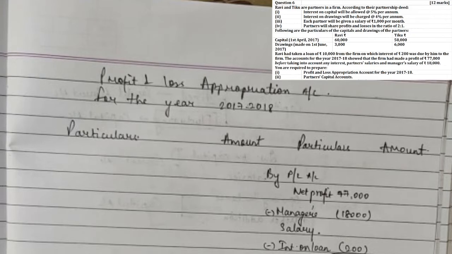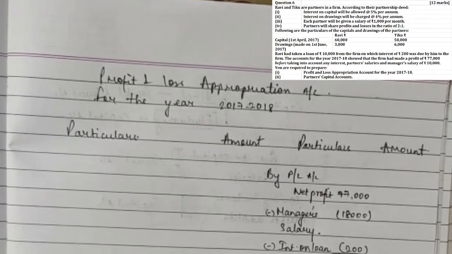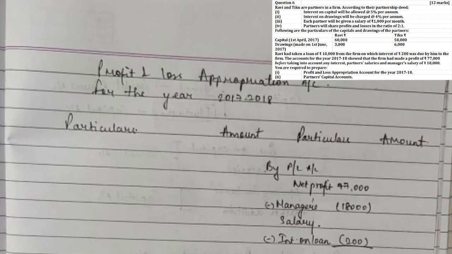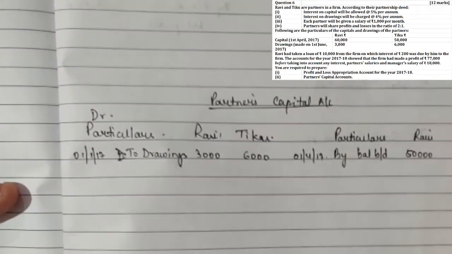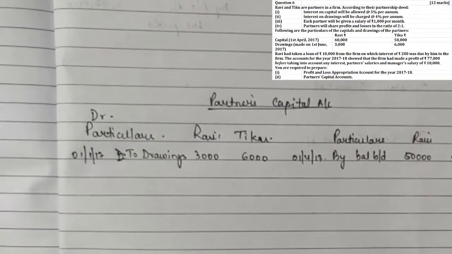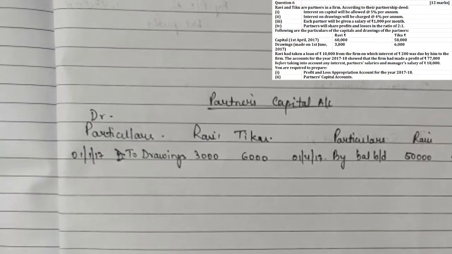Now, the interest on loan is a charge against profit, but it is debited to the partner's capital account itself. So, we are going to make the counter entry for this in Ravi's capital account.